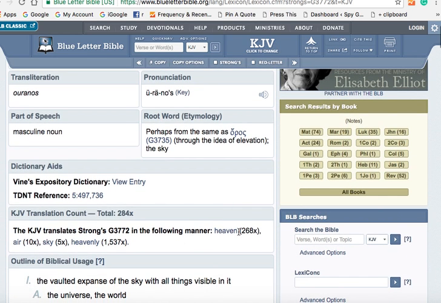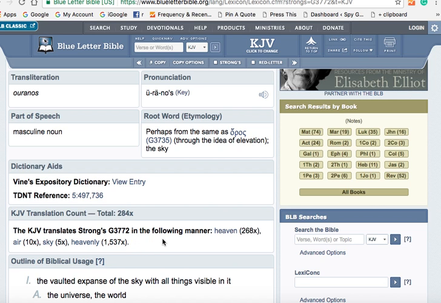Okay, and the thing is, Ouranos is used a total of 284 times. As heaven, it's used 268 times. Air is 10, and sky is 5. And then heavenly, it's used in some form of that 1,537 times.